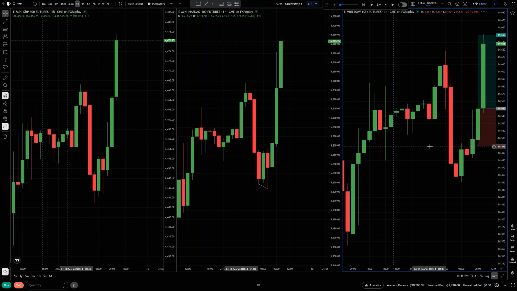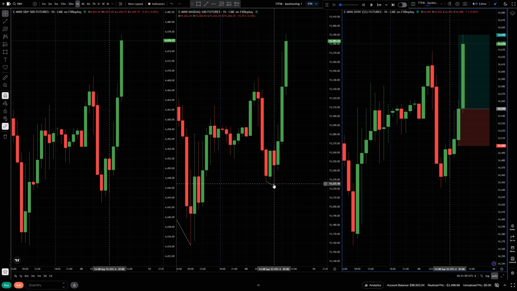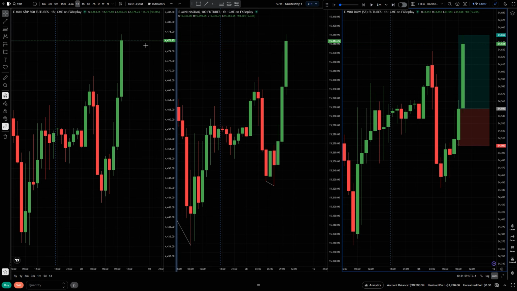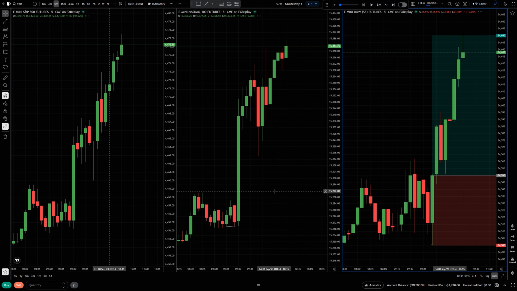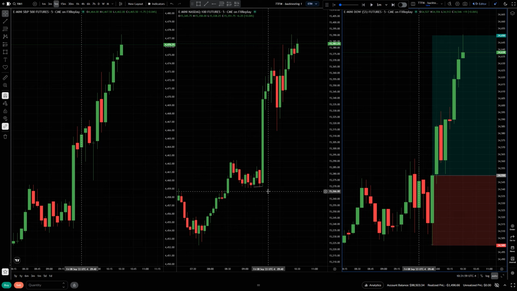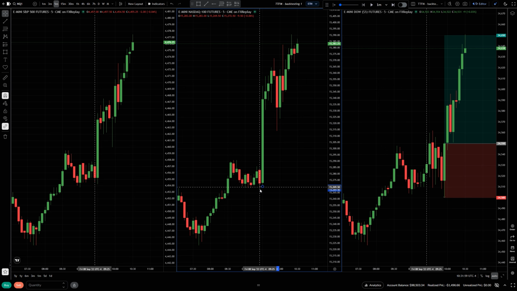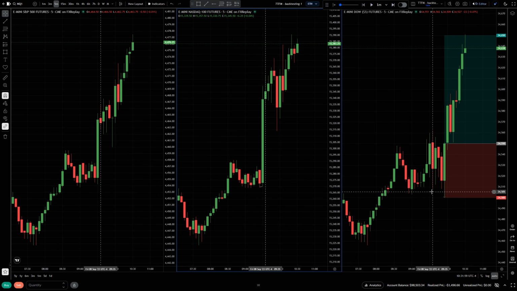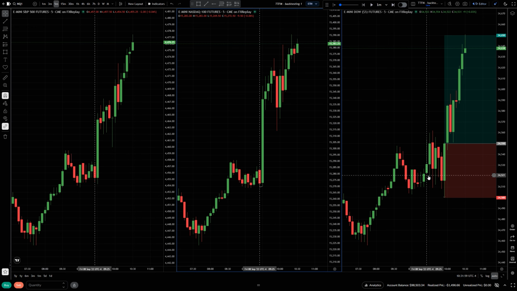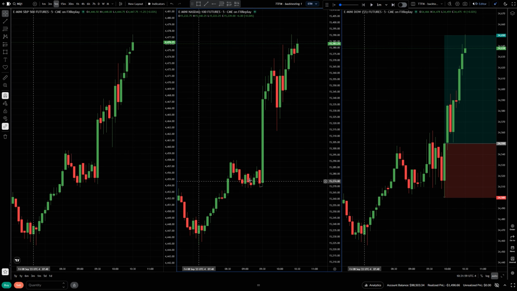And if we look on the 1-hour chart, we can see that we have another SMT like this. So once again, NQ was the lagging asset, but then at 9:30, we can see that NQ didn't manage to take out this low, while YM and ES did.